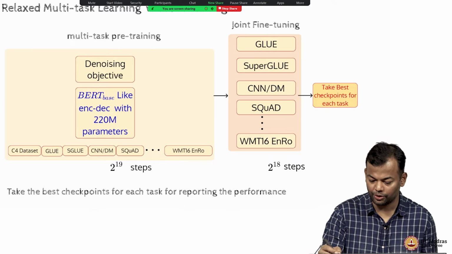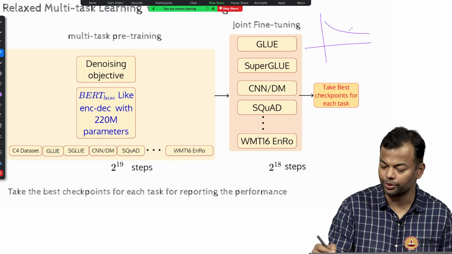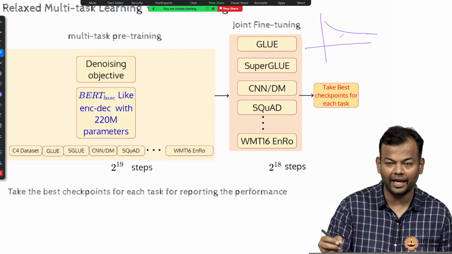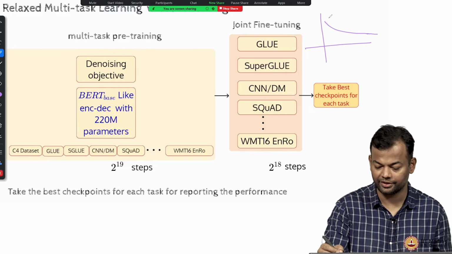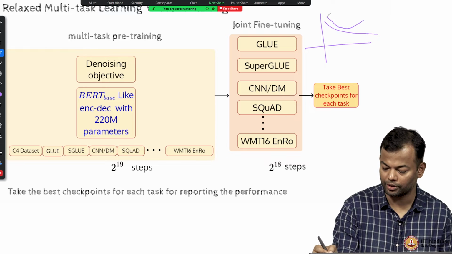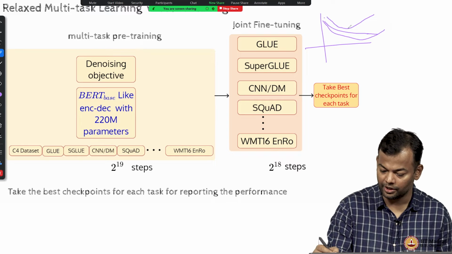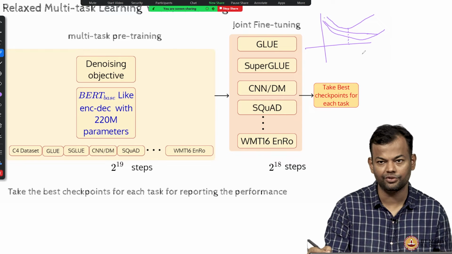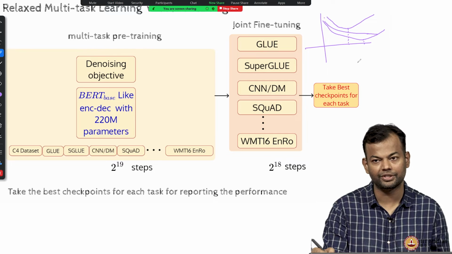So you have started fine tuning, okay? And you are tracking the validation errors at different tasks, right? So say this is the validation error for GLUE. This is what the validation error for CNN/DM looks like, right? So now this checkpoint seems to be the best checkpoint for GLUE and this checkpoint seems to be the best checkpoint for CNN/DM, right?